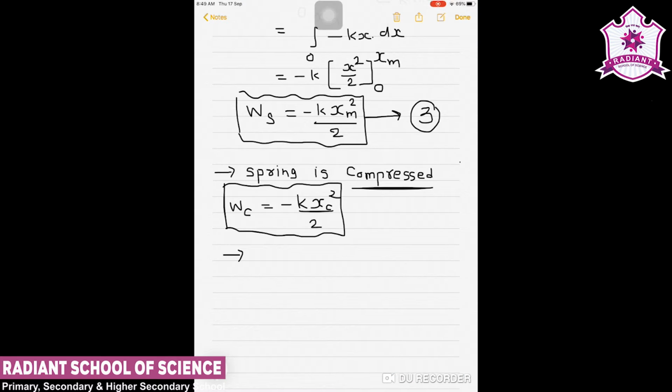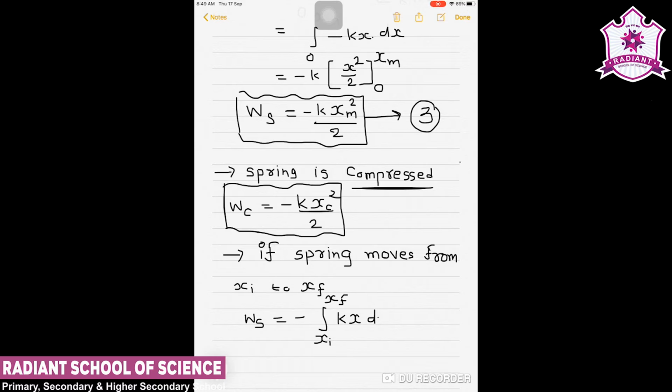So here, if the spring moves from xi to xf, that is initial condition to final condition, then the work done by the spring is given by minus the integration from xi to xf of kx dx.